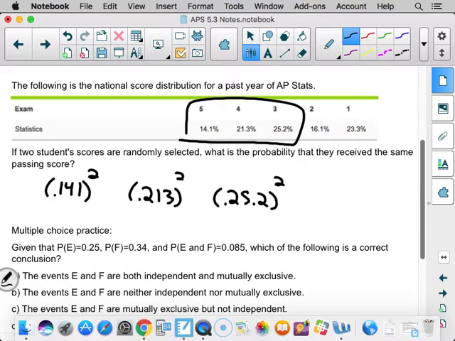This could happen, or this could happen, or this could happen. So again, notice my deliberate use of the word or. What do you do between each of those ors? You add them. So this would be a formula of what you type into your calculator to figure out the probability of them getting the same passing score.